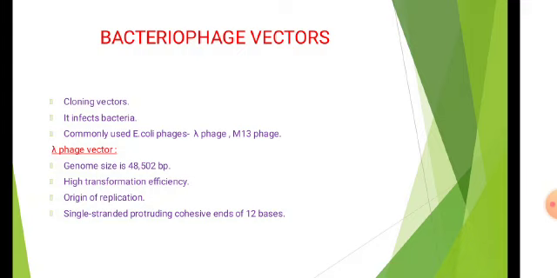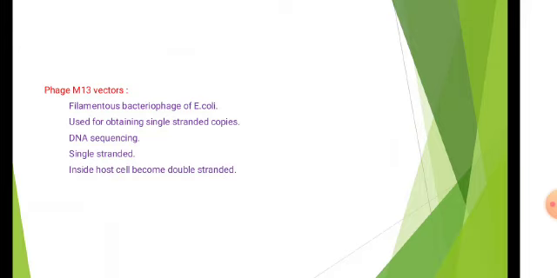The other one is M13 vectors. Bacteriophages have various shapes, filamentous, comma shape and others, but these vectors are filamentous bacteriophages of E. coli. They are single-stranded, which is important for DNA sequencing, but when they enter the host cell, they become double-stranded.